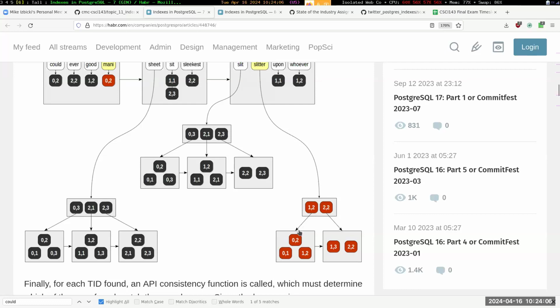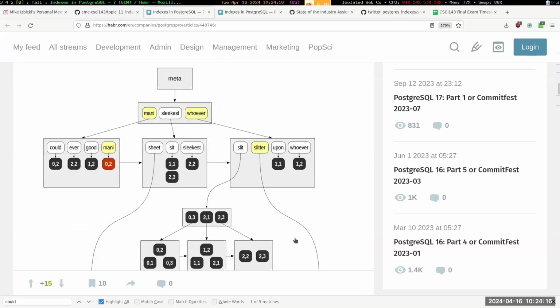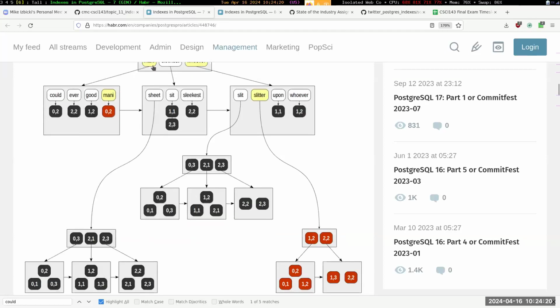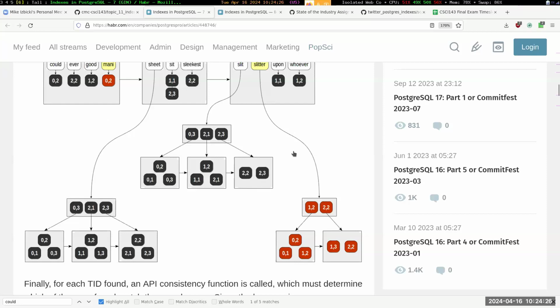We can do that using our standard B tree search operations. 0 2 does exist in slitter down over here. And so we can answer the Manny and slitter query that way, by first finding the posting list or posting tree for one, and then doing the intersection of that posting list or posting tree with the other posting list or posting tree.